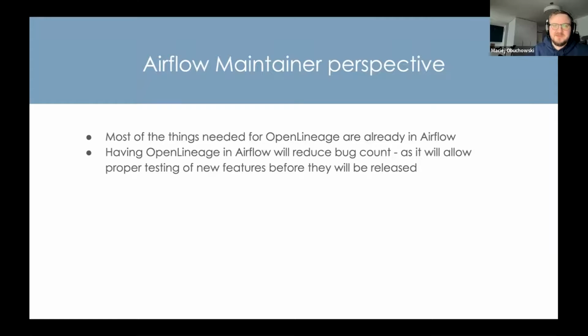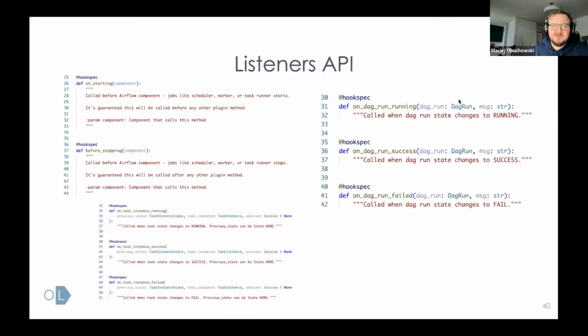The API that we use in OpenLineage, which is already defined, tested and running, is the listeners API. It basically uses the pluggy library to define hook specs, and then the plugin can define implementations of any subset of those methods, and we call them in appropriate places in the Airflow run lifecycle.